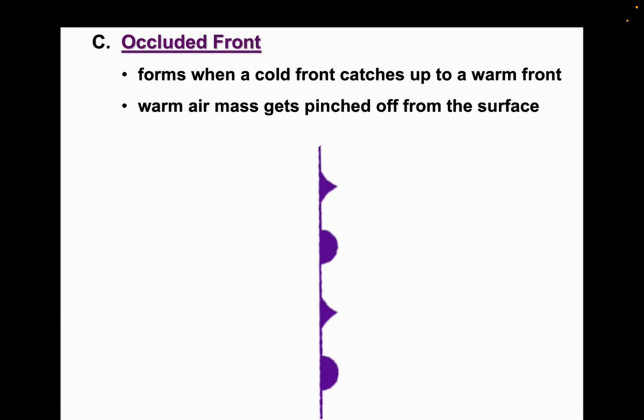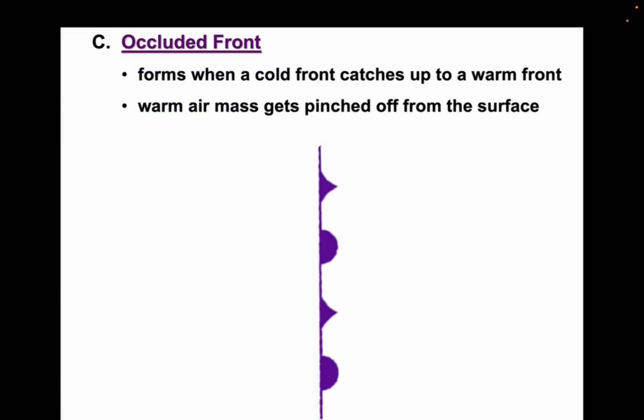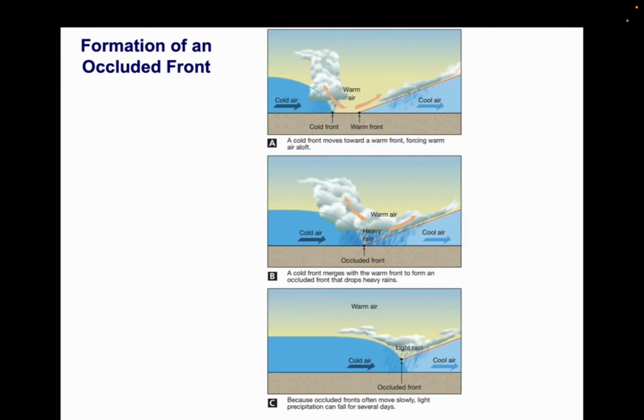And then we do have what we call occluded fronts. Occluded fronts form when a cold front catches up to a warm front, and then the warm air gets pinched off from the surface, right? So in a way, occluded fronts are very similar to cold fronts. The cold air pinches off the relatively warm air with moisture.